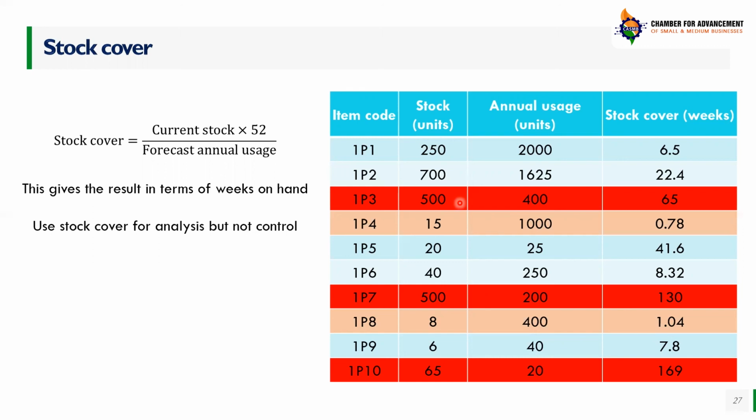If you are processing, say, some fruit which is seasonally available just for 15 days in a year, then for the entire year you have to stock that fruit in that 1 month only. So likewise, there can be factors associated with that, and that's why stock cover is used for analysis, but not for controlling the stock.